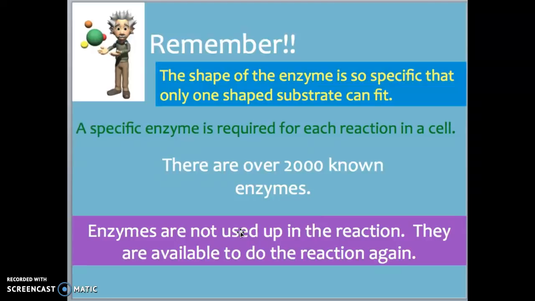We know that there are over 2,000 different types of enzymes in the human body that are working to keep you alive. And then just also remember that they are reusable. So once the substrate forms product, the product leaves, and then the enzyme can be used again for the same chemical reaction.